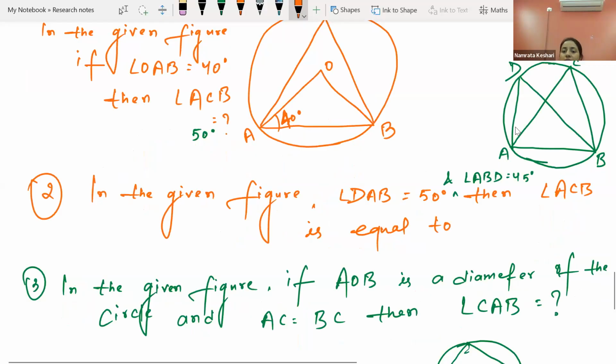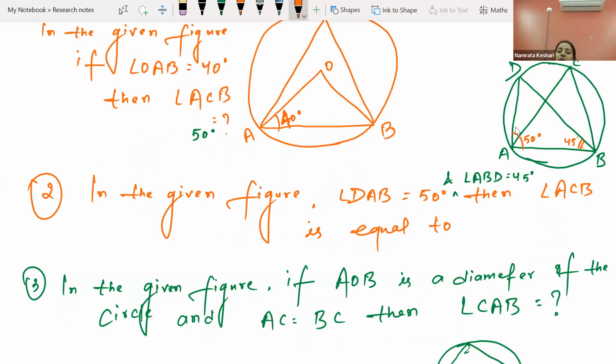Here it is given that angle DAB, the complete angle, is 50. And ABD, this much only is 45. Then we have to find angle ACB.